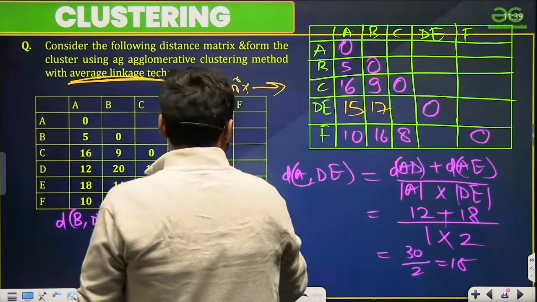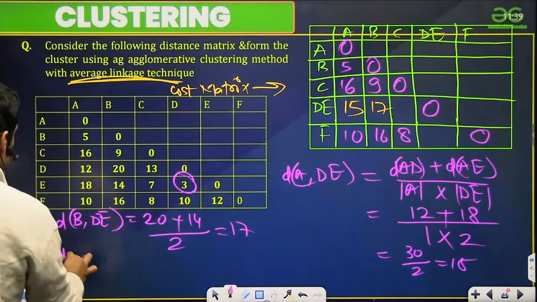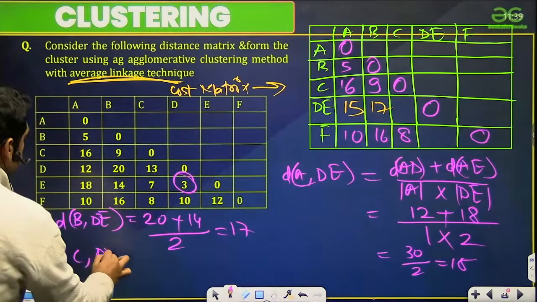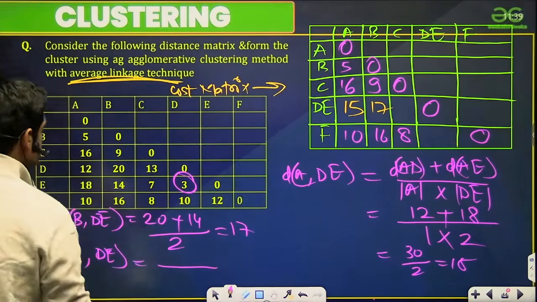Then distance of C from DE. तो ये कितना आ जाएगा? This would be CD plus CE.